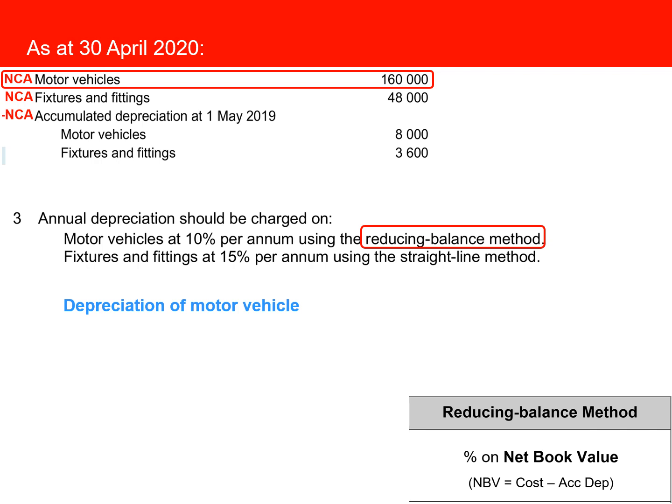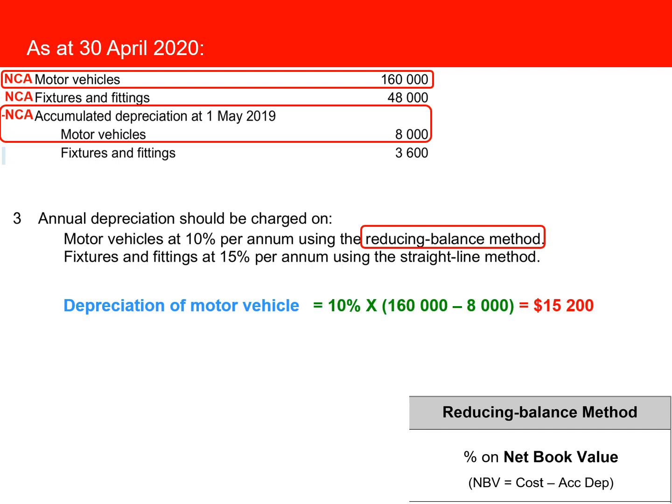This is the cost price. This is the amount that we pay for our motor vehicle. And you have to deduct your accumulated depreciation for your motor vehicle, which is the 8,000 over here. So net book value is taken by the cost of your motor vehicle less accumulated depreciation.